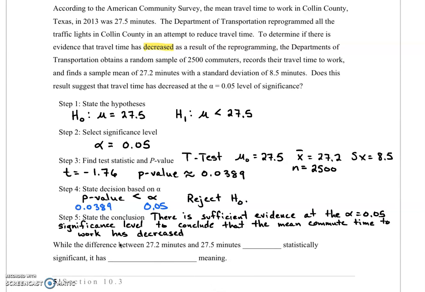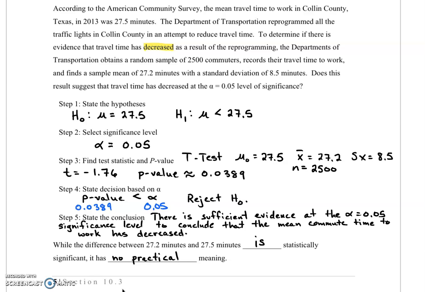But the difference between 27.2 minutes and 27.5 minutes, we just proved that it is statistically significant, but it has no practical meaning.